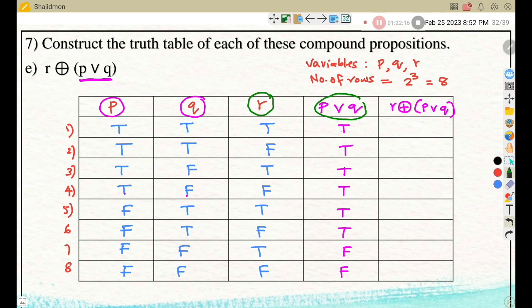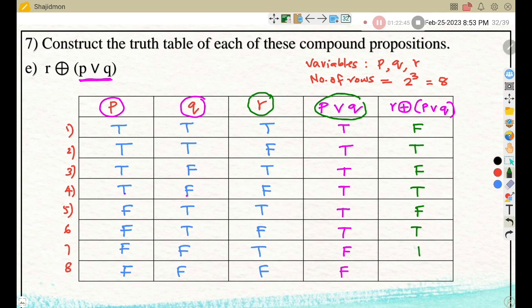So we can see here true, true, this becomes false. False, true, it becomes true. Then true and true, it becomes false. Then false and true, it becomes true. Then true and true, it becomes false, and false and true, it becomes true.